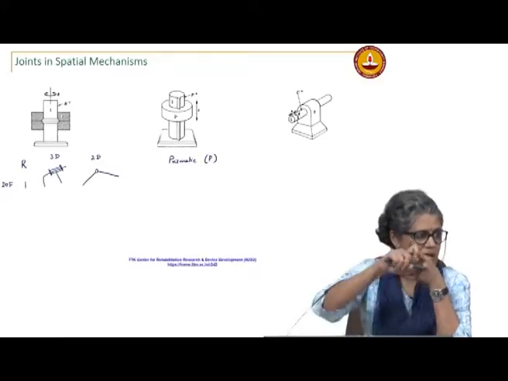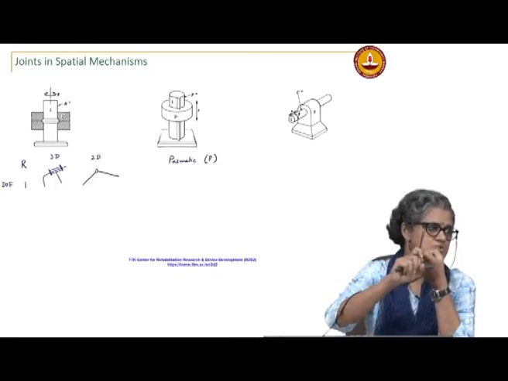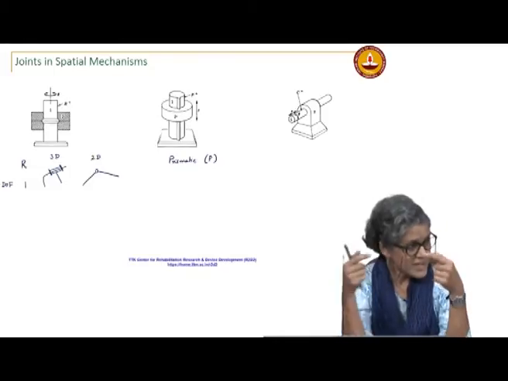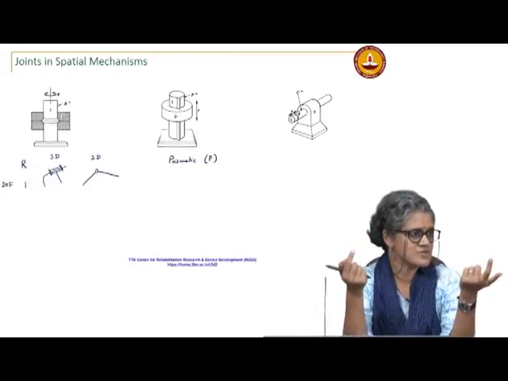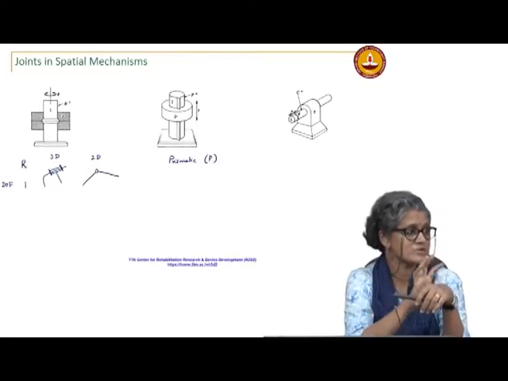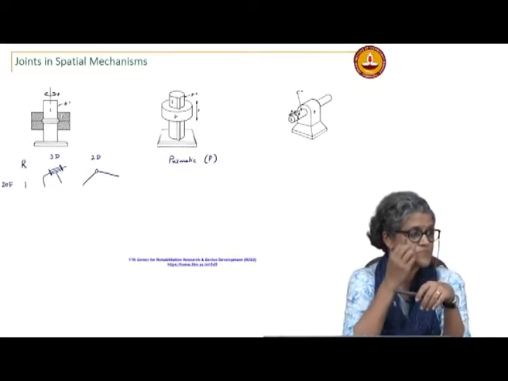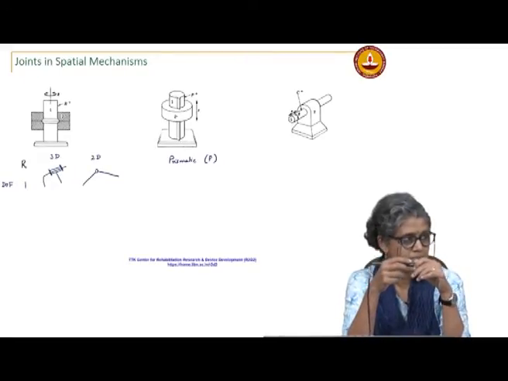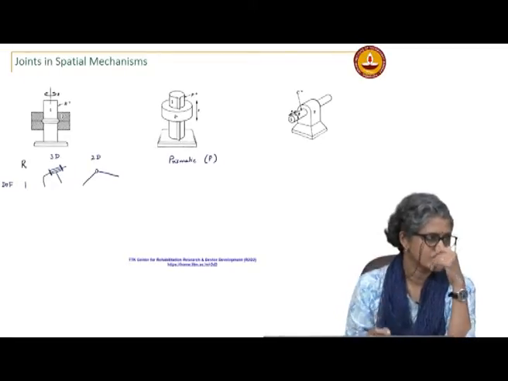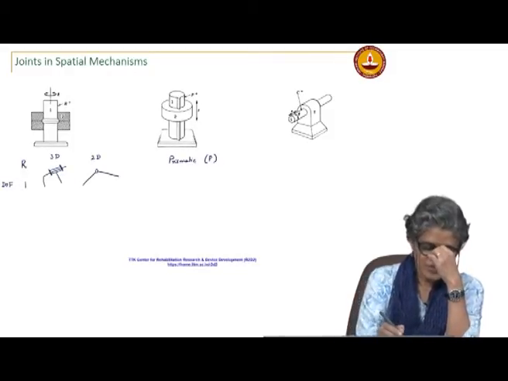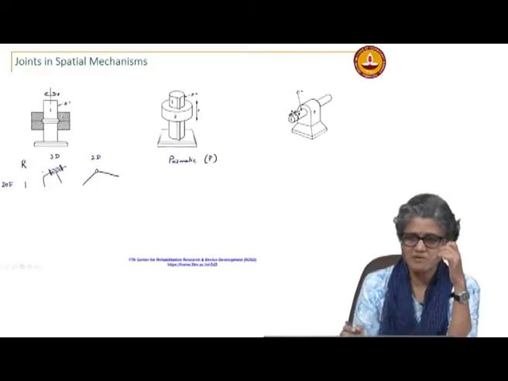There can be something pointing in some other direction; that will be the axis of rotation of the joint, but the only motion allowed is rotation about that axis. If I want to represent the two-dimensional hinge in 3D, I use the same symbol. So, this is the general representation of a revolute joint.